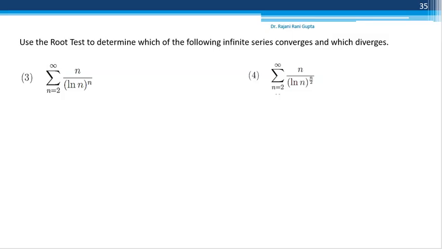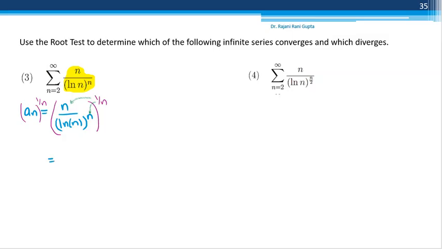Let's take another example. In this case, this is your a_n. So a_n is (n over ln n) whole power n. Now, if we take the 1 over nth power of both sides, by using the law of exponents, the power goes to the numerator as well as to the denominator.